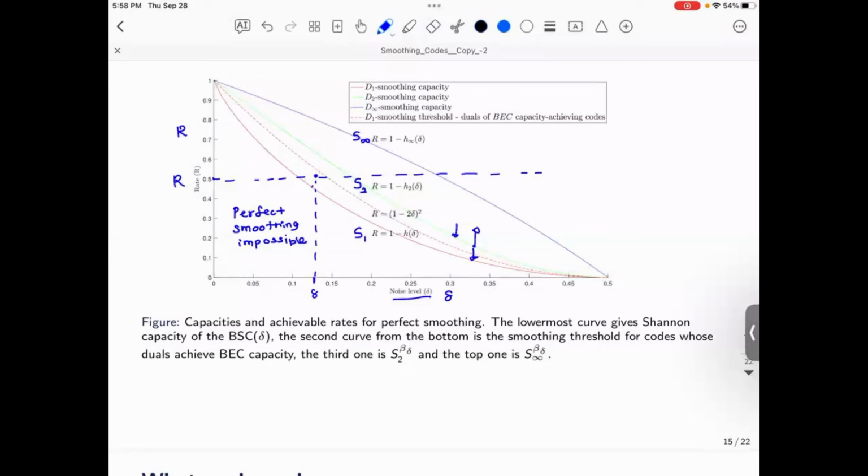Here we don't know what happens, because we don't have that capacity achieving property for alpha equals 1. If we take something like this point, it is above all the lines, so that means it is perfectly smoothable.